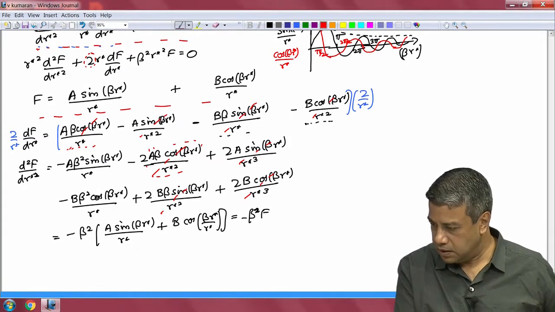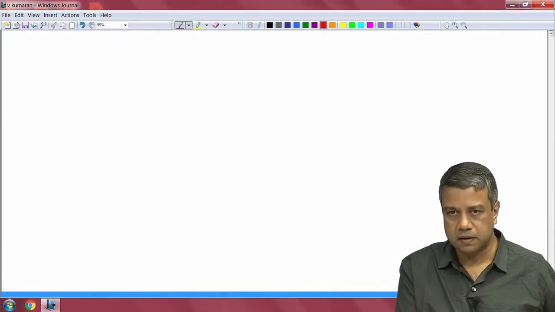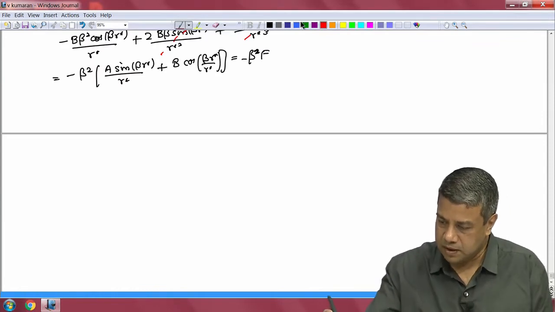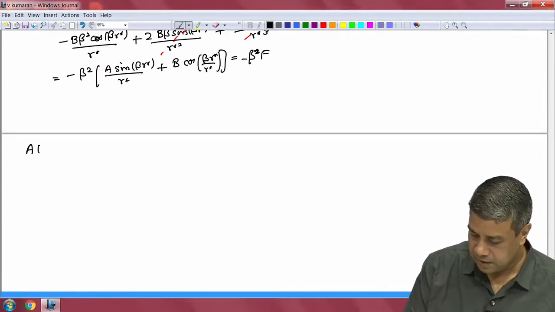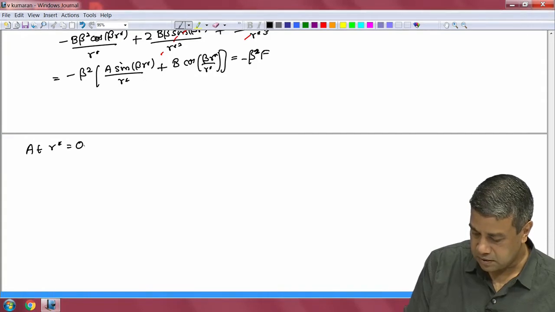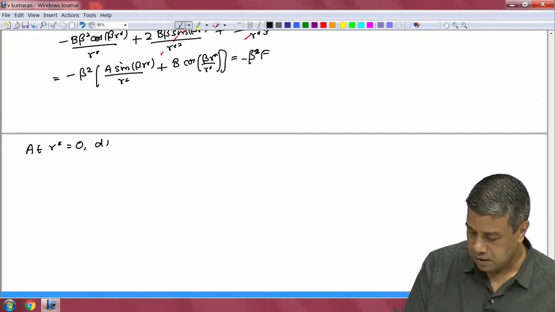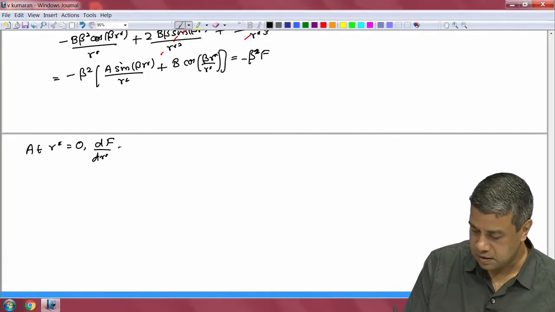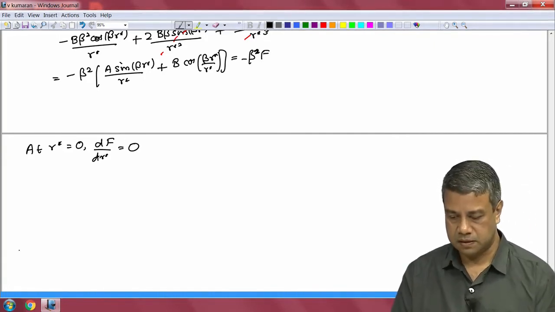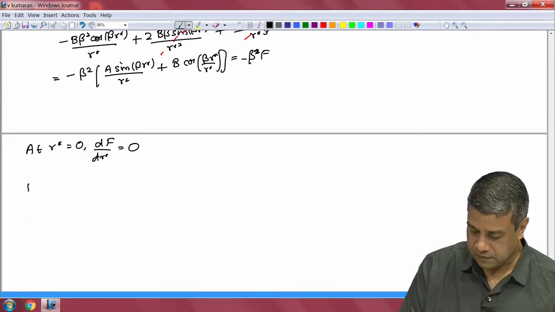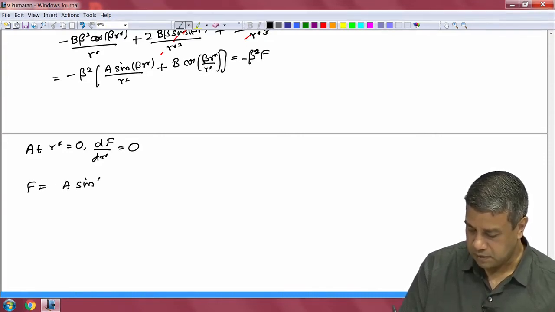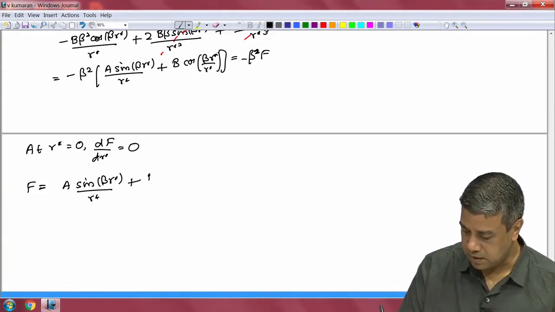Now, what is the value of beta? We know that from the boundary condition that at r star is equal to 0, df by dr star is equal to 0, the symmetry condition. Recall that f was equal to a sine of beta r by r plus b cos of beta r by r.